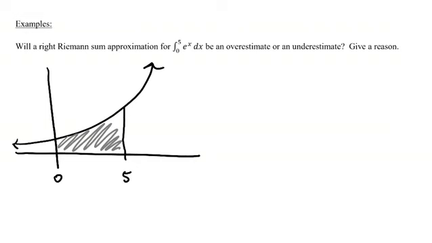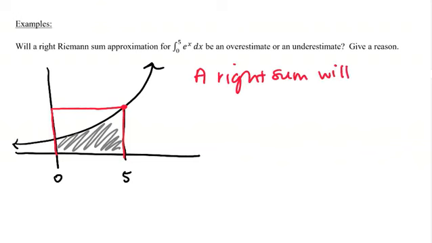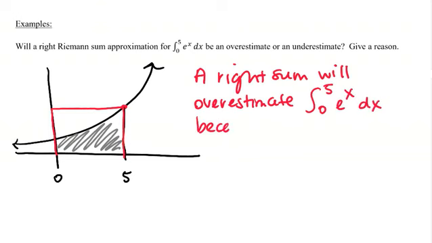Yes, it's going to be an overestimate. And what reason would we give? The function is increasing. Okay, so I strongly recommend to draw a one sub-interval Riemann sum. Draw the rectangle. Okay, right Riemann sum overestimates the exact value of the area under e to the x between 0 and 5 because e to the x is increasing.